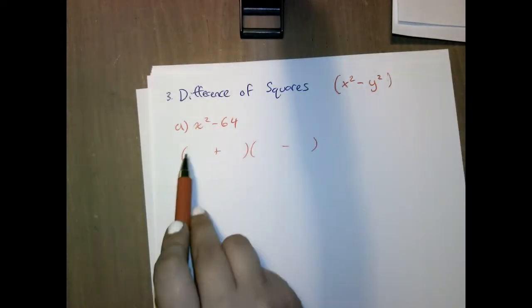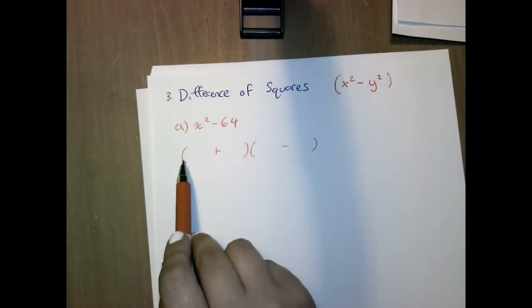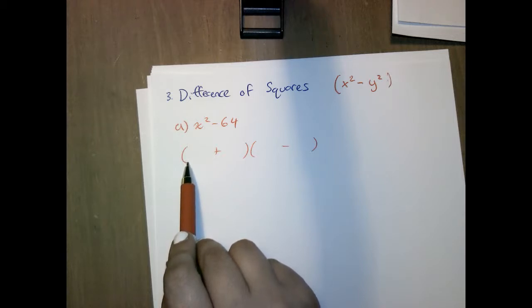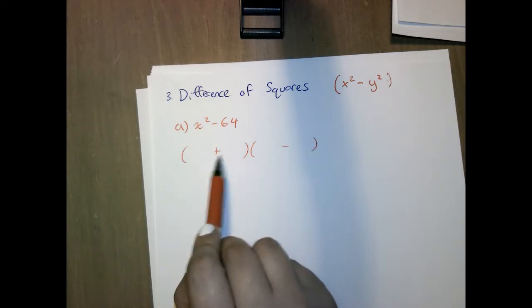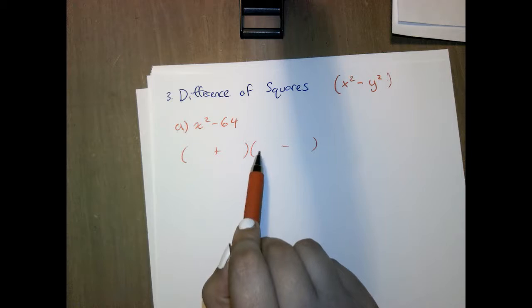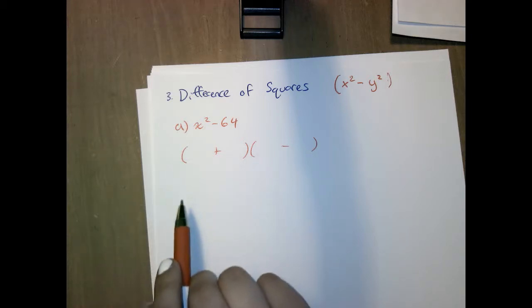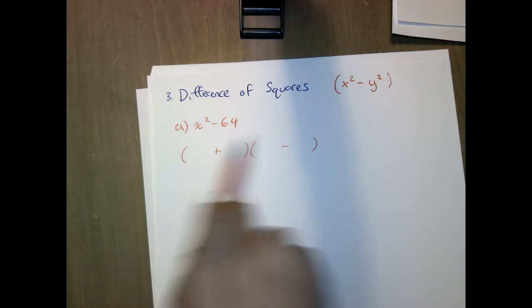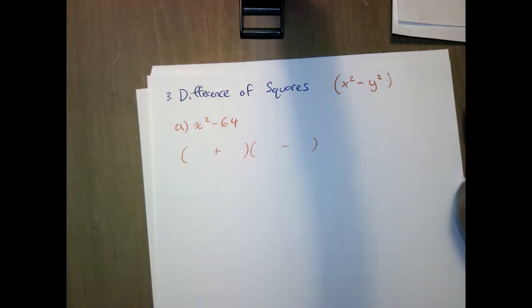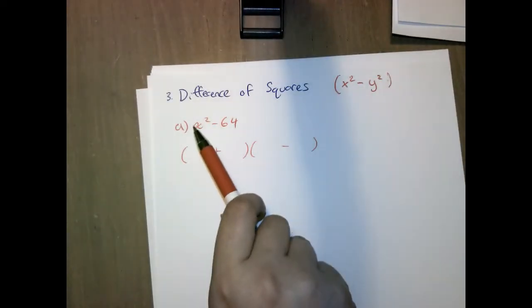Difference of squares, if you remember from expanding, is caused by our center terms actually canceling out, right? So I'm going to show you what that means when we check our answer afterwards, right? So our first term is x squared.